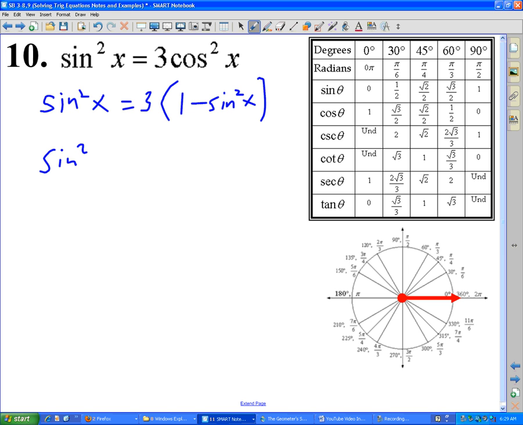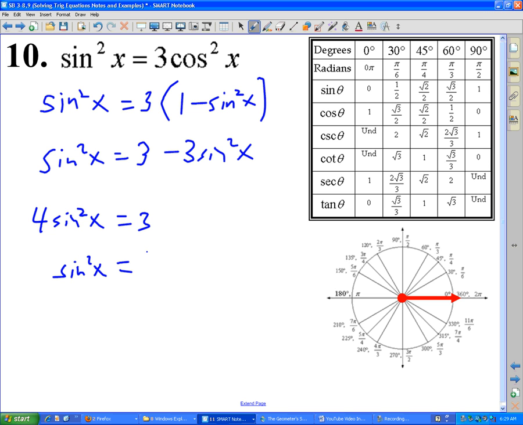Then we can distribute the 3, and add the 3 sine squared over to the other side. So what would that give me? 4 sine squared is equal to 3. Then we could divide by 4 to get sine squared of x is equal to 3/4.